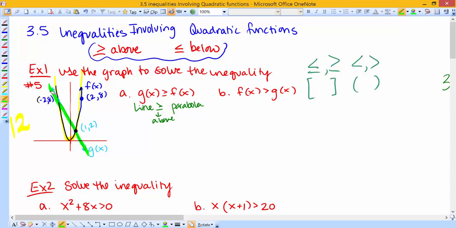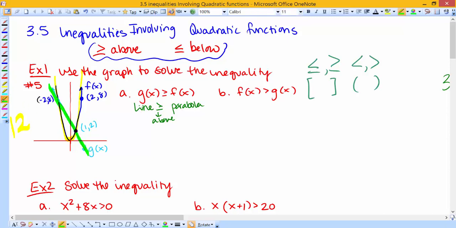Yellow is above green. As I continue to move through each section, there's 3 sections here. Here, the green, g of x, is above the parabola. And on this 3rd section, the f of x, the yellow, is above the g of x, the line.